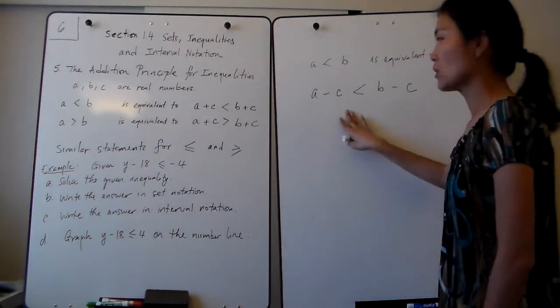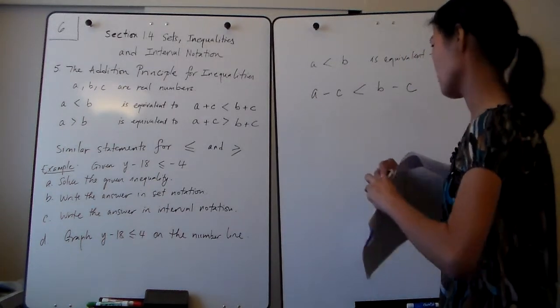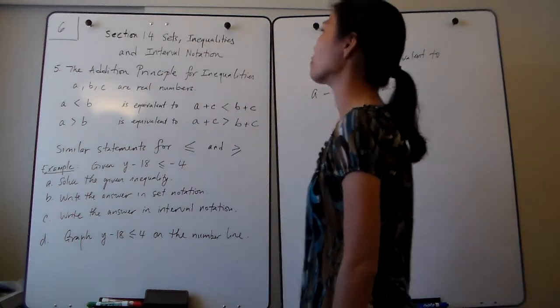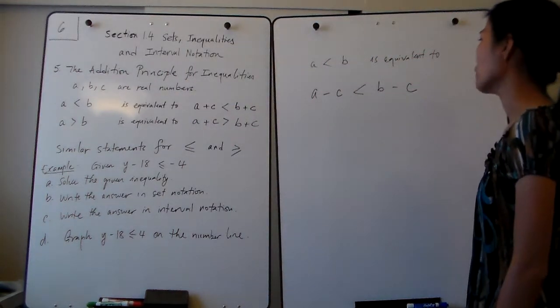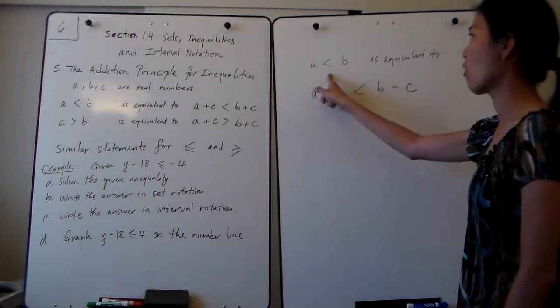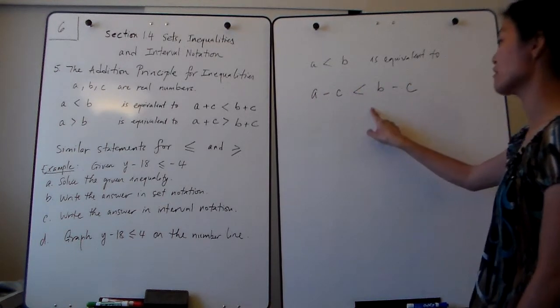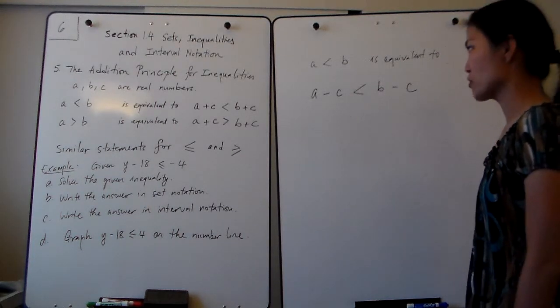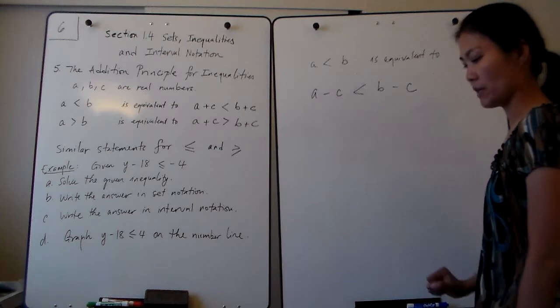Okay, we worked on this in the previous sections, so it still qualifies as the addition principle for inequality. If you subtract the same number on both sides, it's guaranteed this inequality is still equivalent to this inequality after subtracting c on both sides of this inequality.